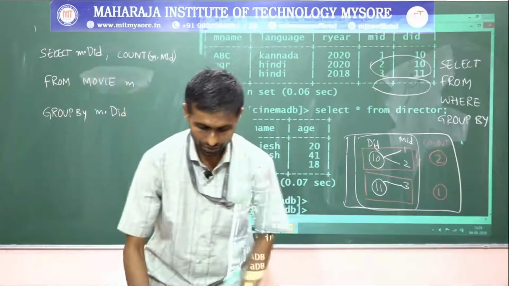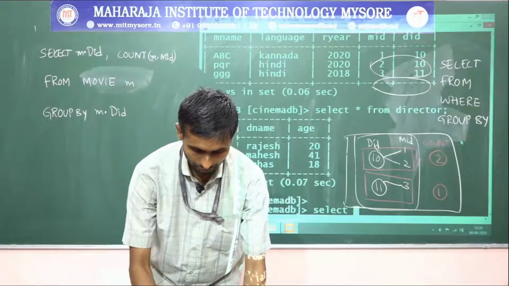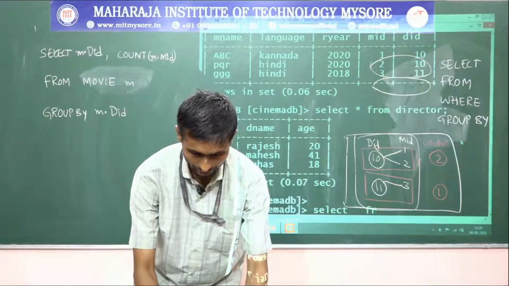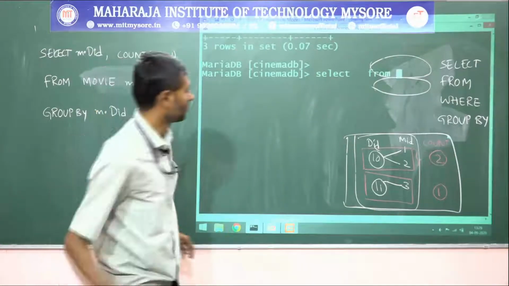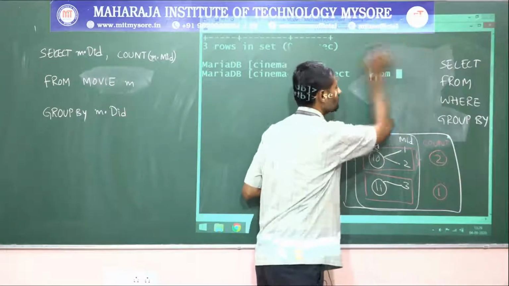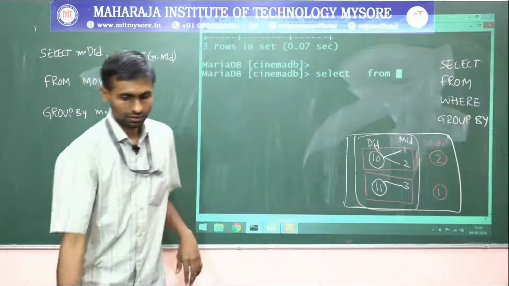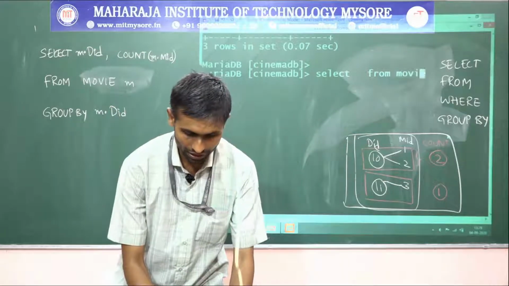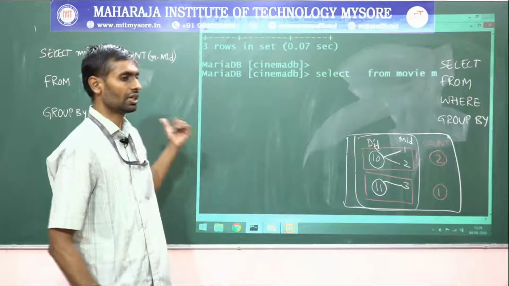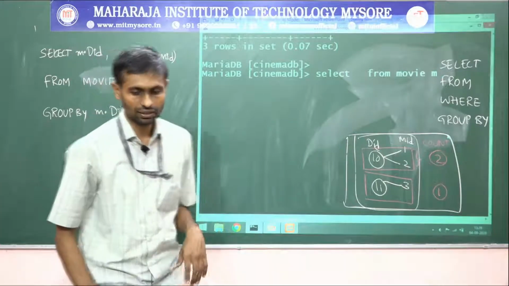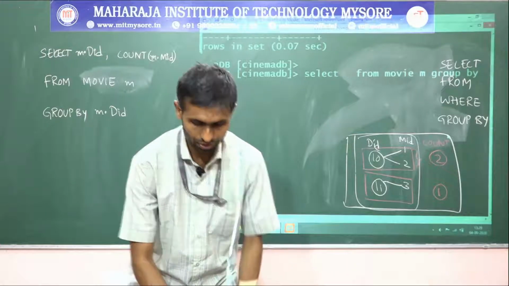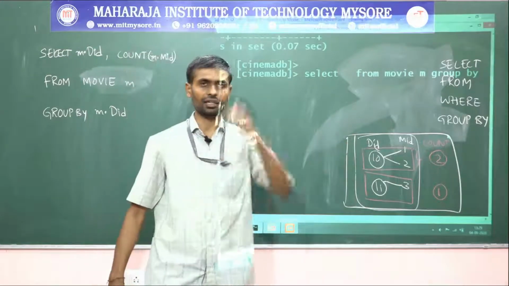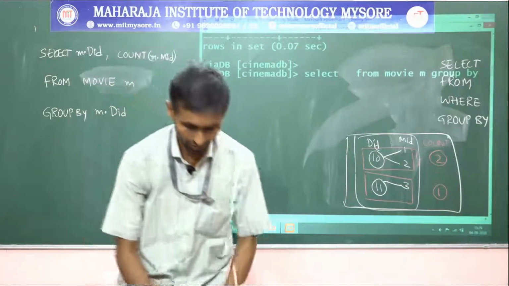So let me write this code. First, what we used is from. We went to the from clause. There we decided which table is required. We said movie table is required. Then after that, we said it is required to group based on director ID, each director directed how many movies?